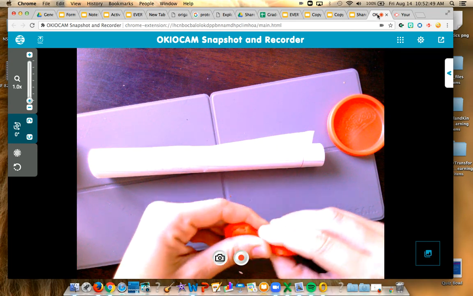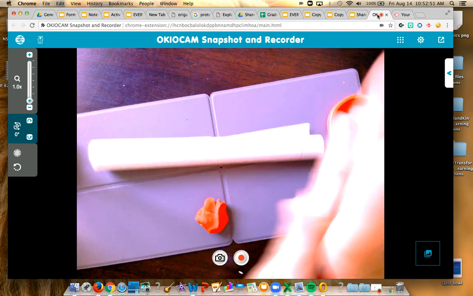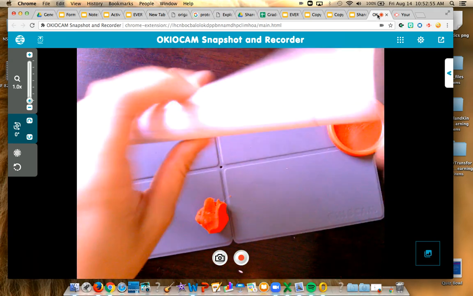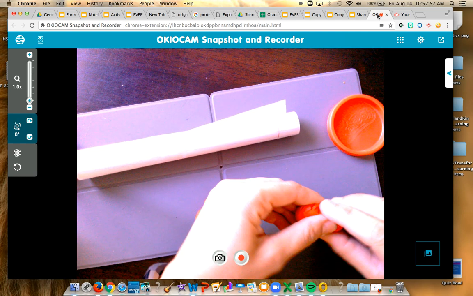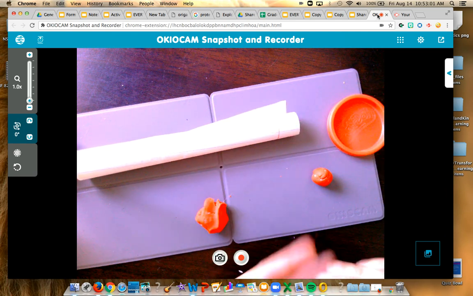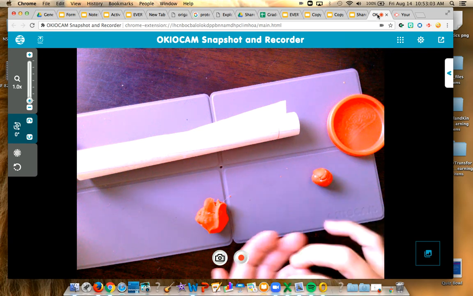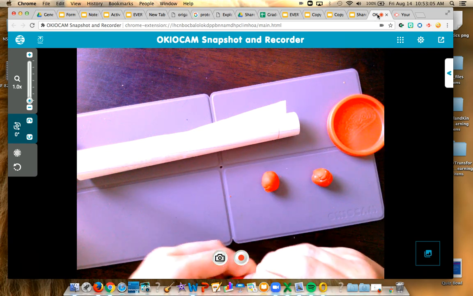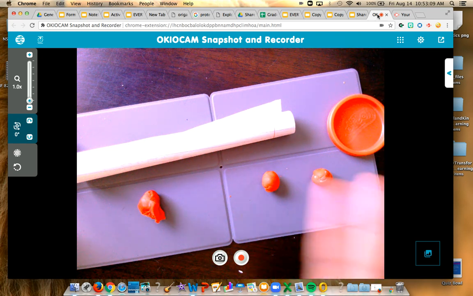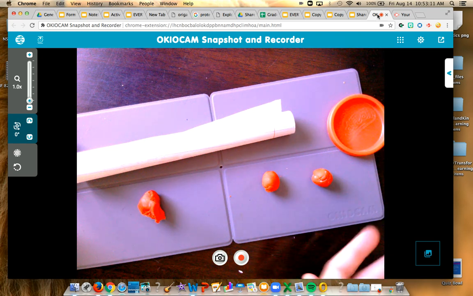Now, blood cells need to be able to fit into the tube they're being transported in, right? So I need to make sure I'm making my circles small enough to get through the tube. So that's about right. Again, these are representing our blood cells. This is our blood vessel, like a vein or a capillary or an artery.